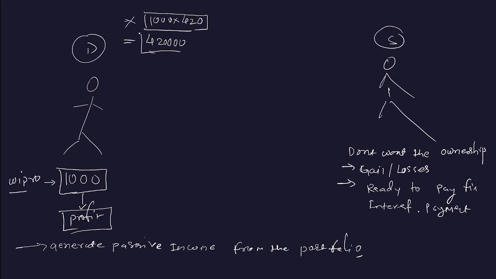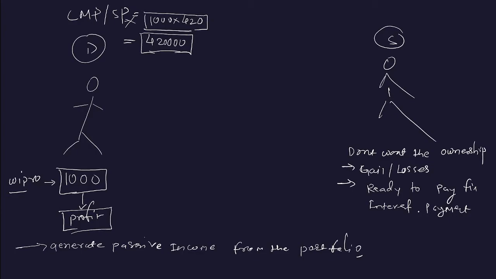So this is the wealth as per the current market price, or spot price. Dinesh is holding wealth of 4,20,000, and Dinesh is looking for a fixed return on this 4,20,000 wealth.